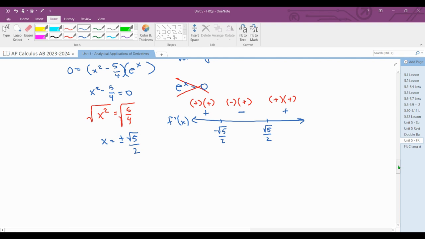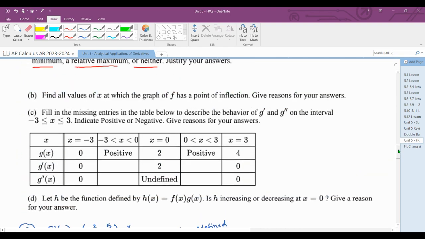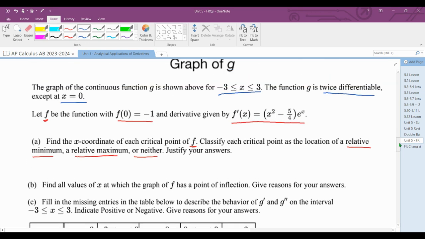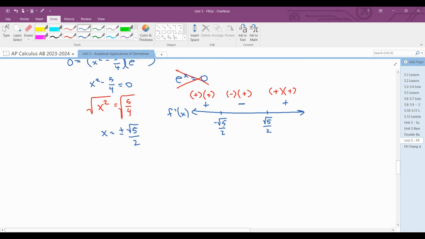So here, hold on, let me just read the question again. Okay, so we're trying to find relative maximums. Okay, so at this value here, our derivative is positive, so that means our function is increasing, and then it's negative here, so then our regular function is decreasing.